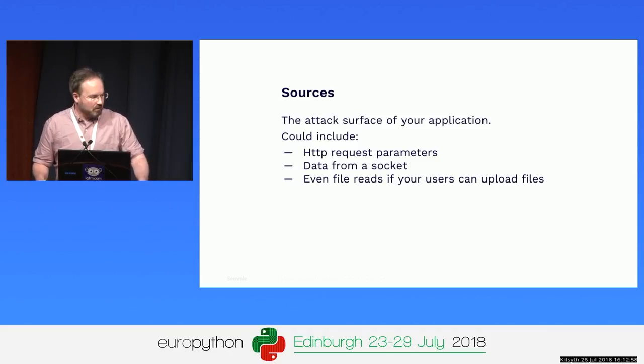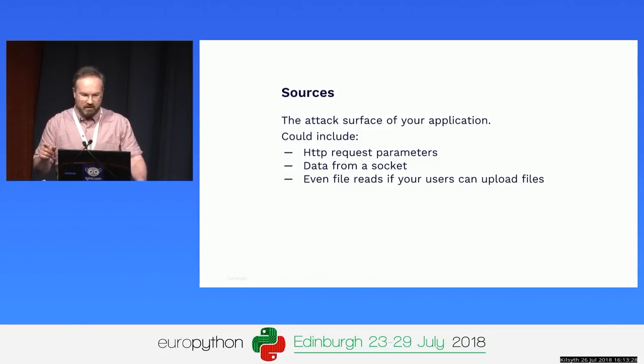I'll cover this later, but anything you cannot trust, or a point in your code where something you can't trust enters that code, is the key thing. So, for example, if you're using Django, you'll wire up your views, and you'll have a function that's wired to a URL, and that will take a request parameter.